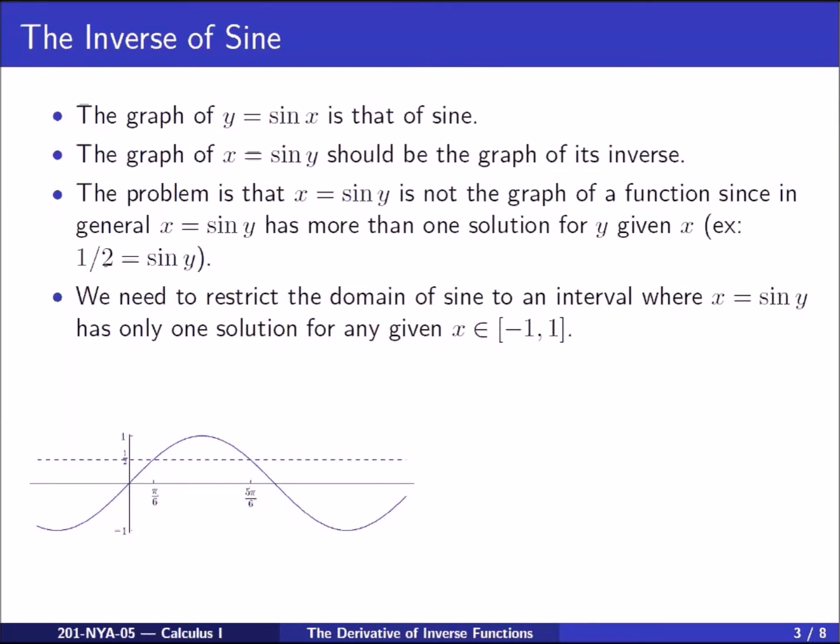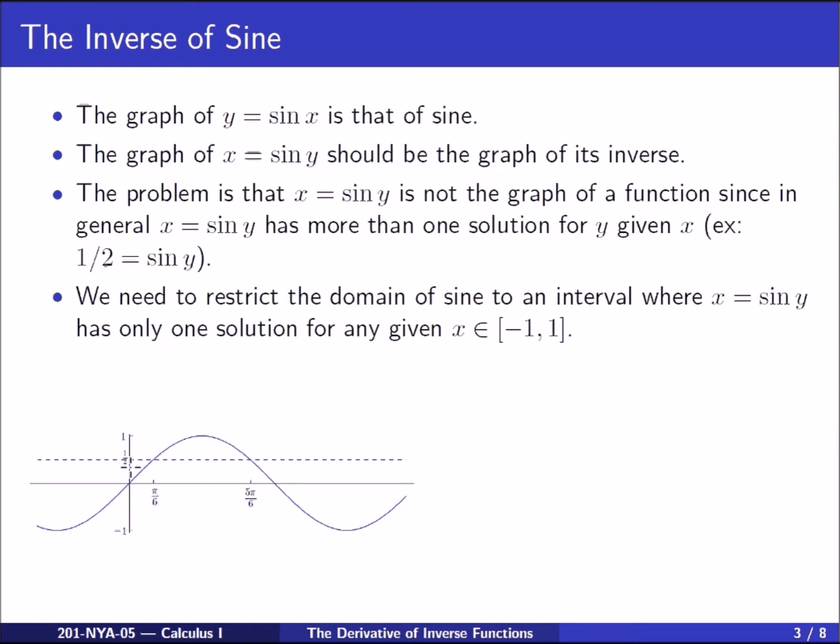In order to define an inverse function for the sine function, we need to restrict its domain to an interval where the equation x equals sine of y has only one solution for any given x in the range of the sine function, which is from -1 to 1. In other words, going back to this curve, when we're considering the inverse function, we're switching x and y.